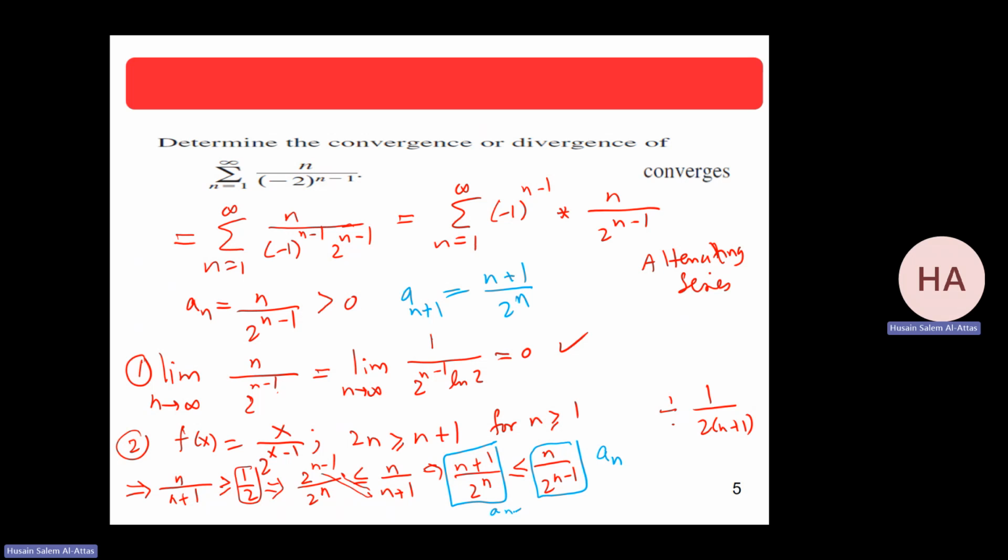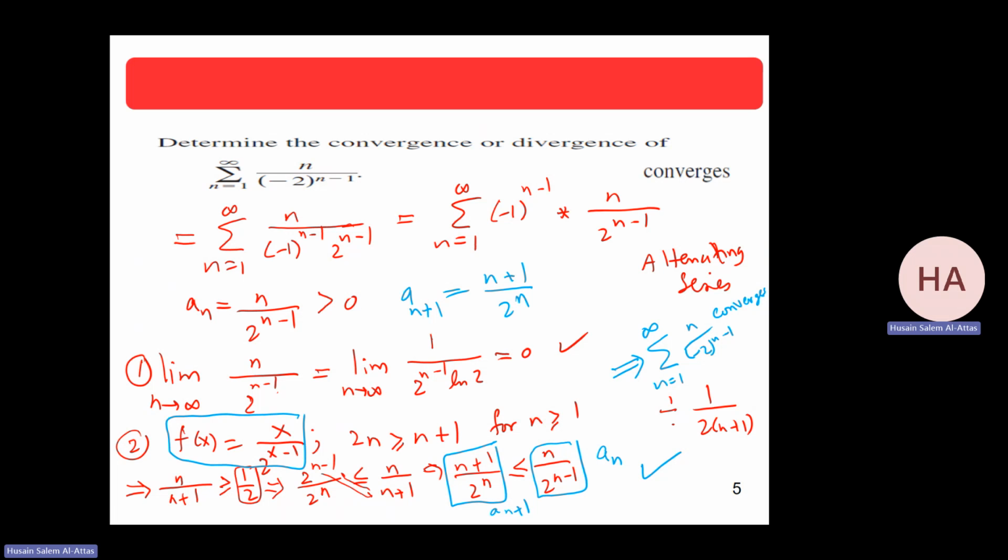This is a_(n+1). So the second condition is satisfied, and right away we say this series converges. I hope that is clear. As I said, either you do it by using the derivative or by this algebraic approach. Also, it will make it clear.